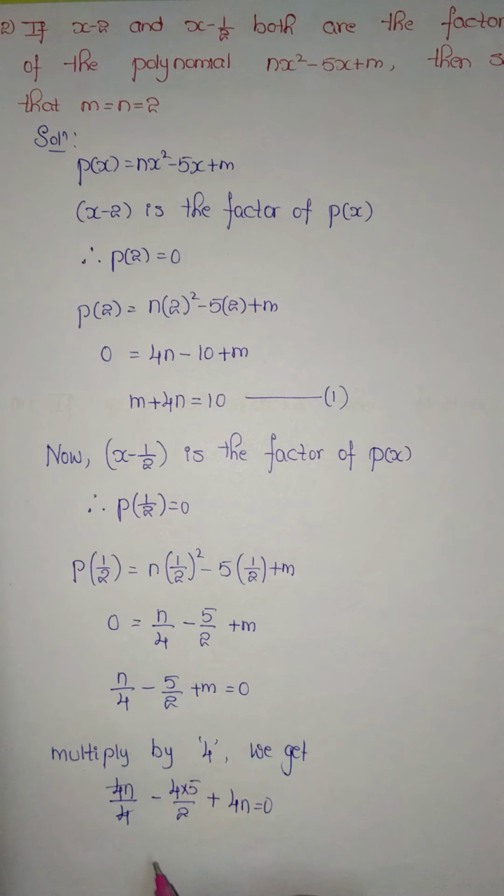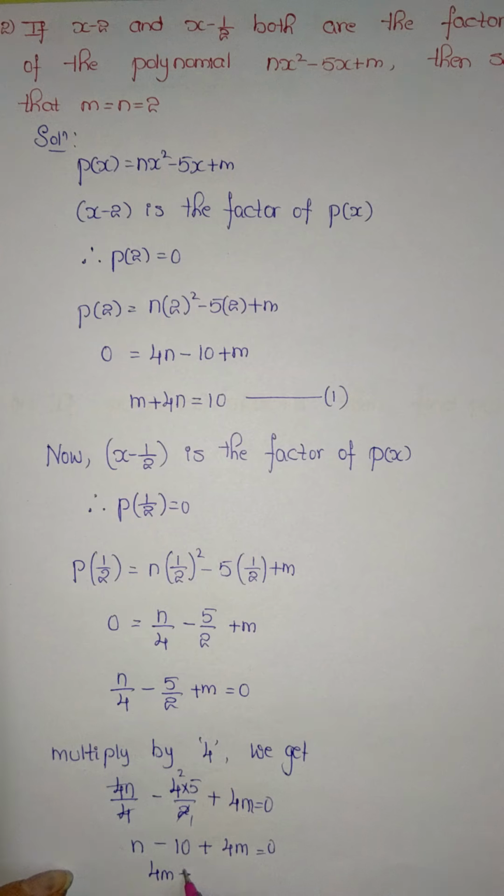So 4 cancels, it becomes n. 2 ones are 2, 2 fives are 10, so minus 10 plus 4m equal to 0. Now take this 10 to this side, so it becomes 4m plus n equal to 10.